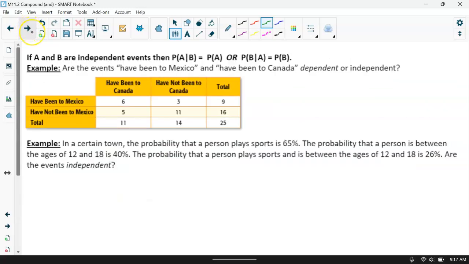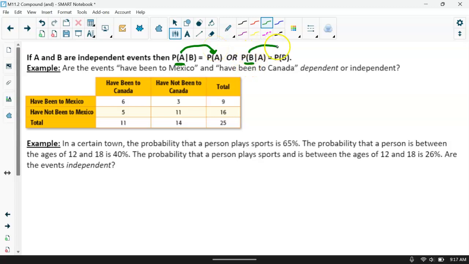So then here, just to kind of show you how to identify your independent dependent events, but in a table format. So here, for example, are the events have been to Mexico and have been to Canada dependent or independent? So again, remember, independent events are, even though there is a given, the first probability is still that answer.